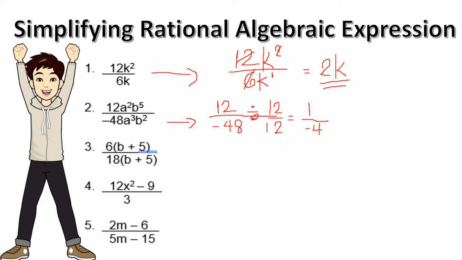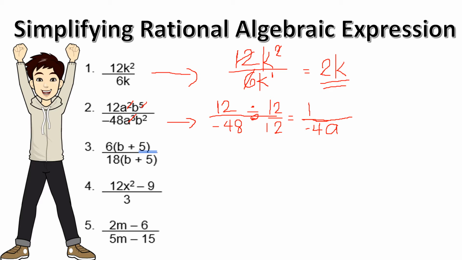Then for a squared over a cubed, so again, division tayo. So isubtract natin, we have 2 minus 3. So the answer is negative 1. So yung 3 natin nasa denominator. So sa denominator natin, isusulat yung letter A, A to the first power. Next, b to the 5th power divided by b squared.